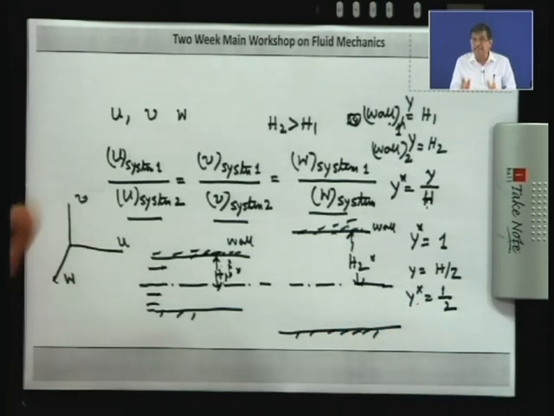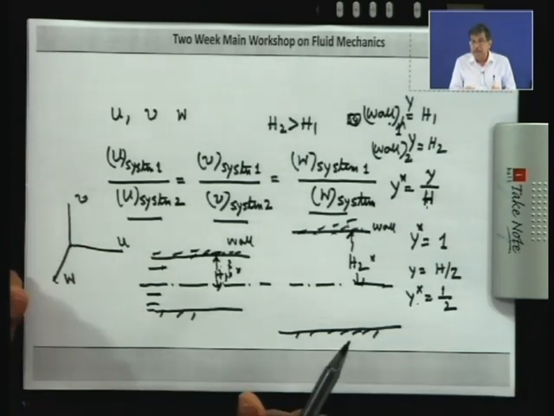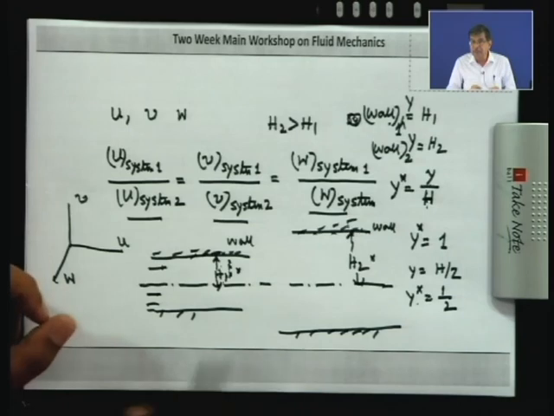Now you see, since the kinematic similarity relates the velocity ratios, and velocities are given by the streamlines, the velocity direction is given by the streamlines. So velocity is not only magnitude but also direction; velocity is a vector. Therefore the streamlines have to be identical for kinematic similarity to be obtained.